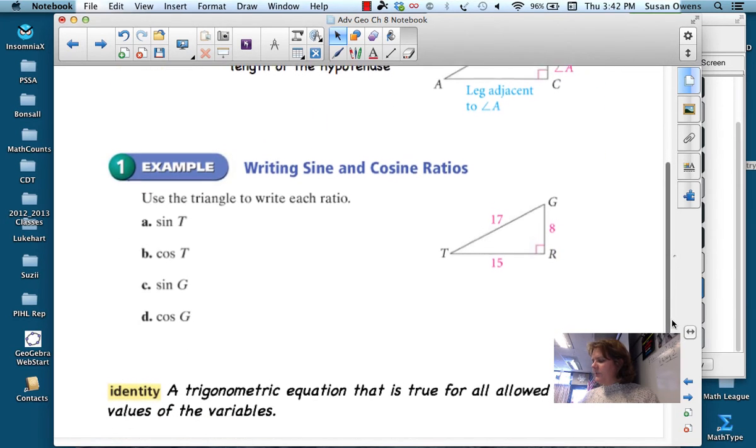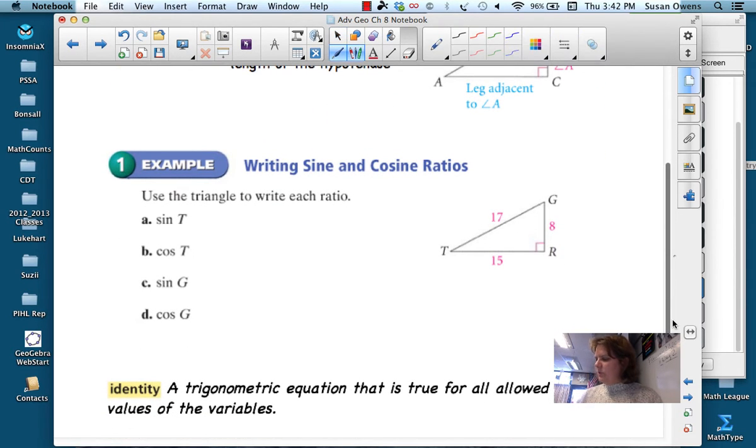So writing the sine and cosine ratios, we just need to make sure again that we're careful about what angle we're at. So if I'm at angle T, then the sine of T is going to be the side that's opposite, that's 8, over the hypotenuse, that's 17. And if I do the cosine of T, that's going to be the side that's adjacent over the hypotenuse.